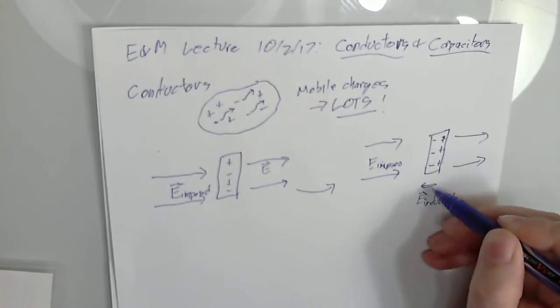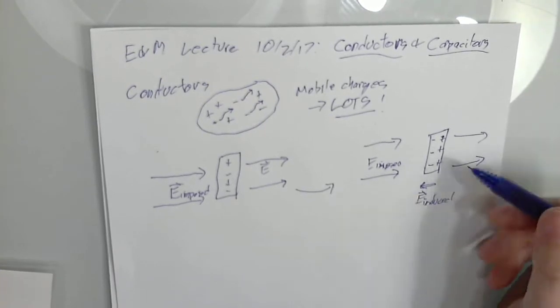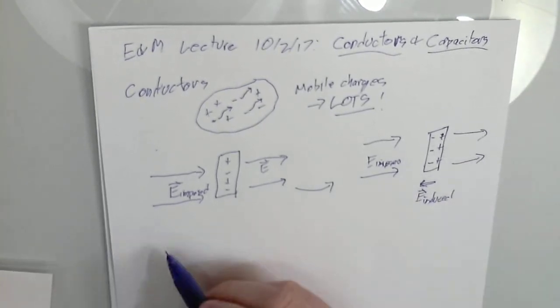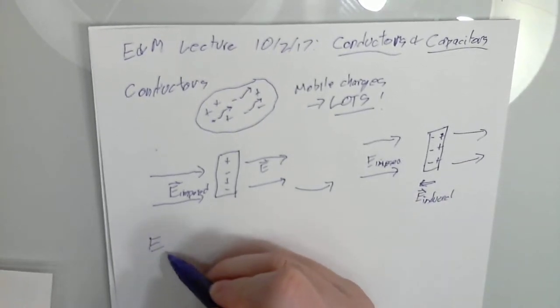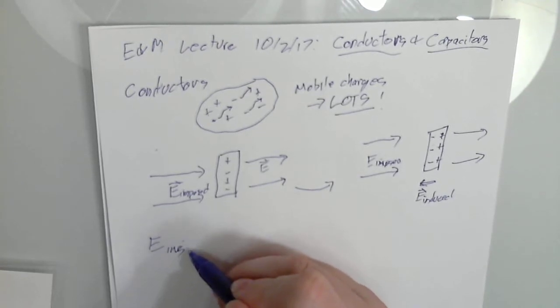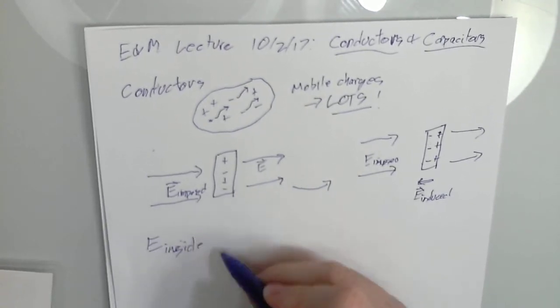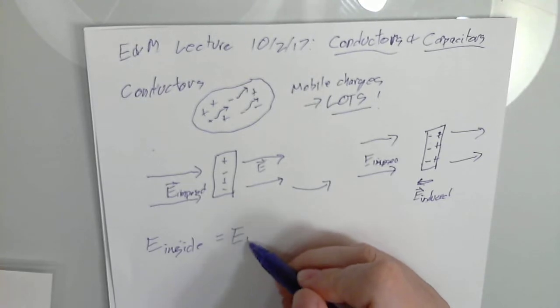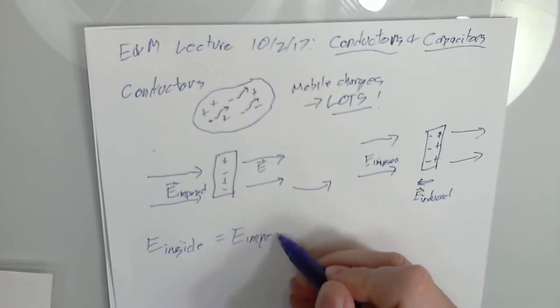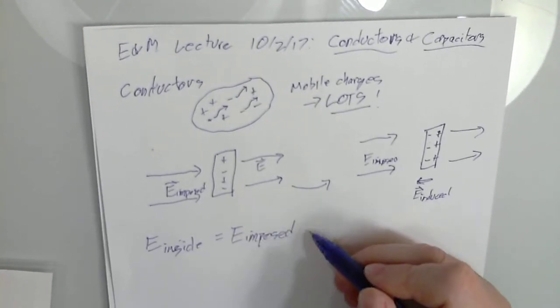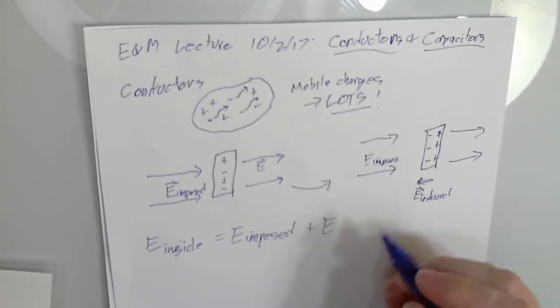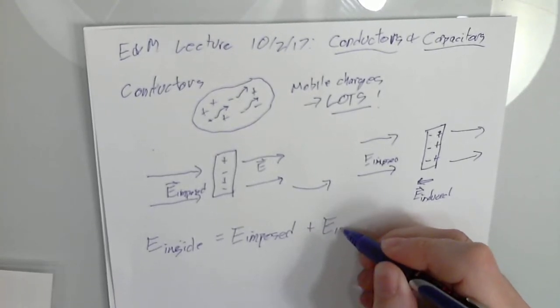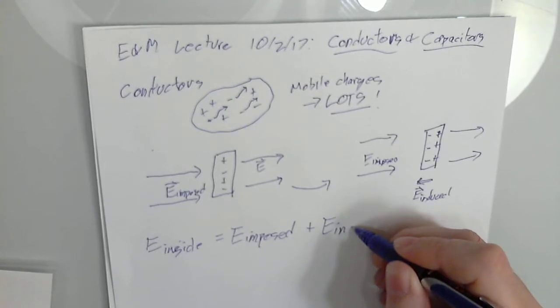In fact, it completely cancels out the imposed electric field, so that the electric field inside is equal to the imposed field from the outside world plus the induced field caused by motion of the conducting charges.